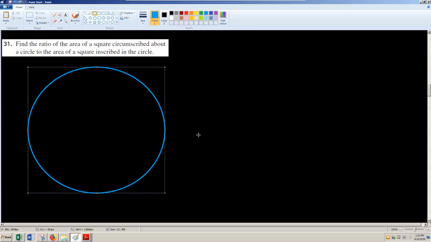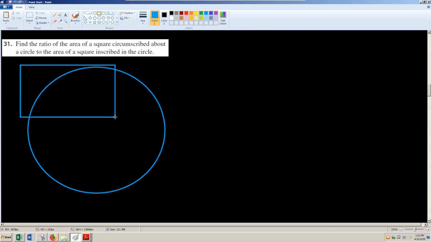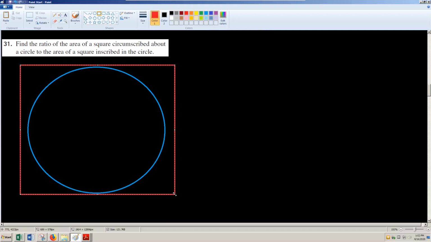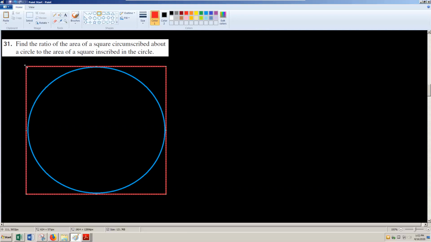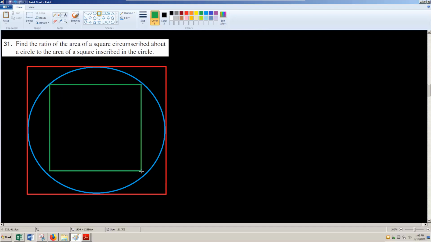So here I've got a sweet circle. Actually, let's use different colors here. So here I've got a square. Close enough. And then I've got another square inside of this circle here.